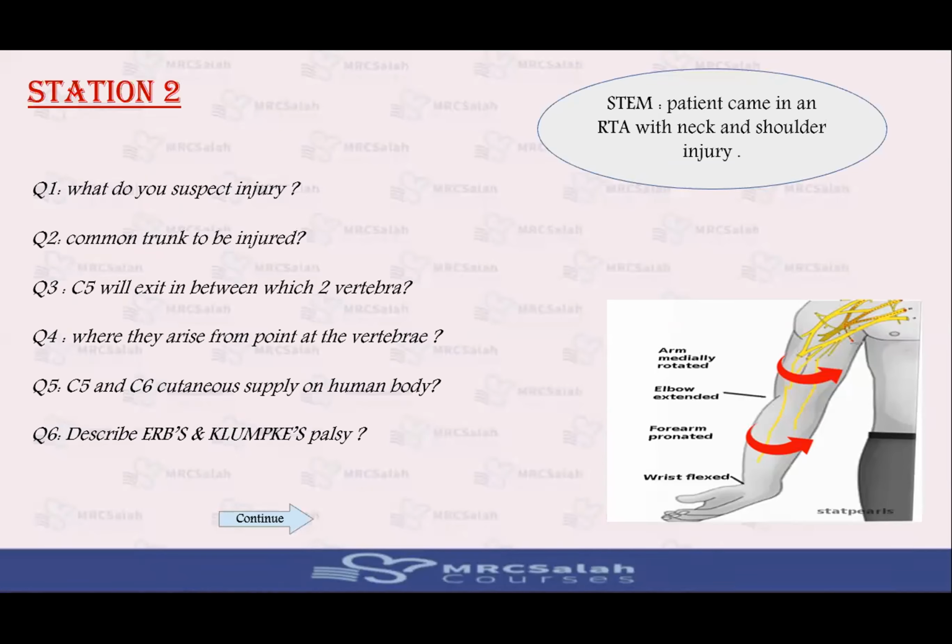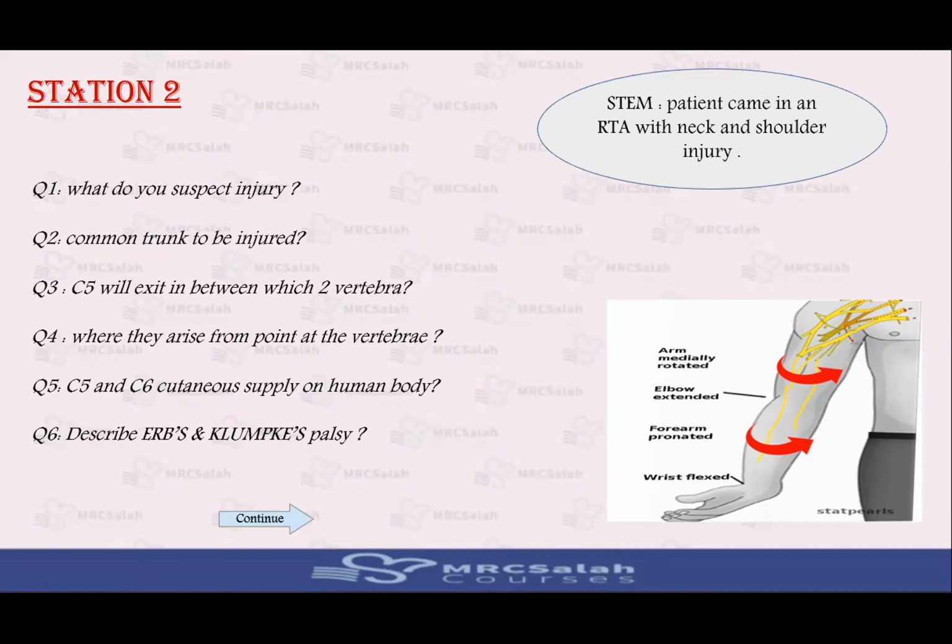And the nerve from the medial forearm. Below the elbow. Medial forearm from where? What is the name of the nerve?